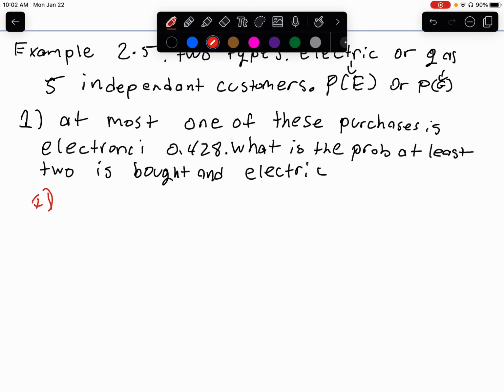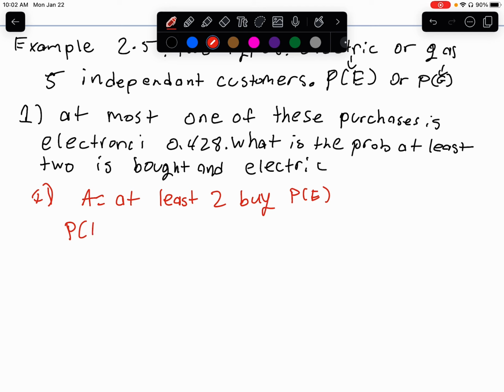So we have 5 customers. We have event A, which means at least 2 buy electric. P complementary A, which is buying at most one electric dryer, is 0.428.